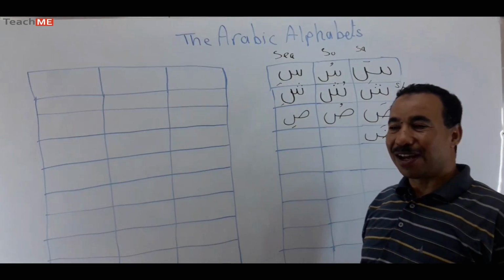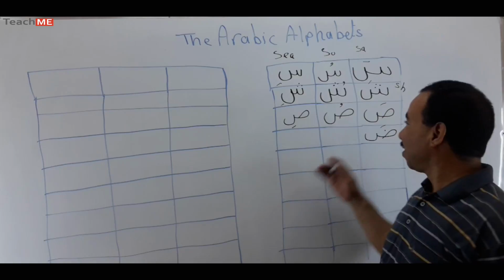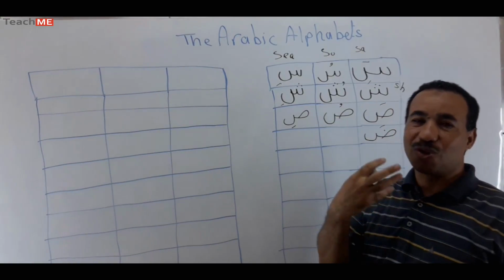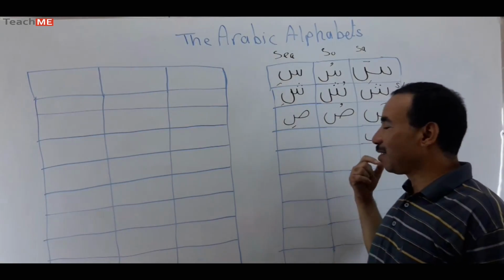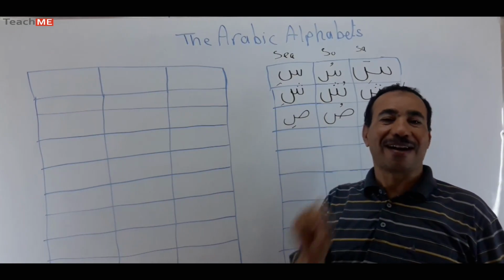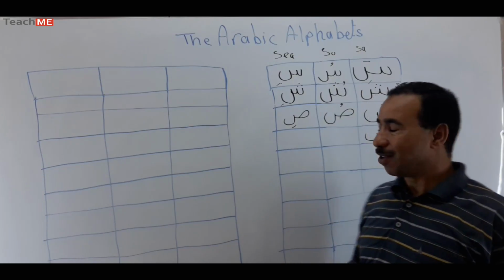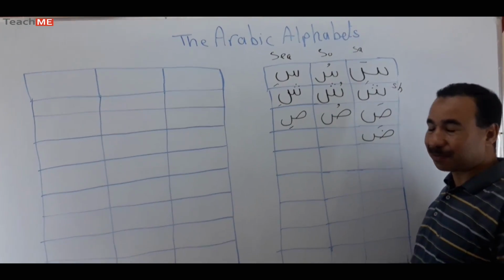So we call Arabic لغة الضاد, the language of Dad. Why? Because this letter is only found in Arabic, not in English or any other language.